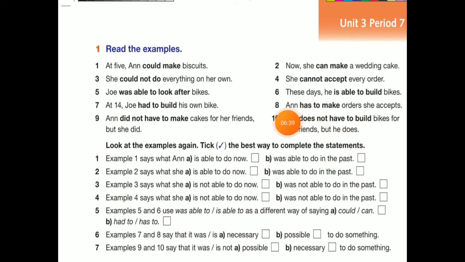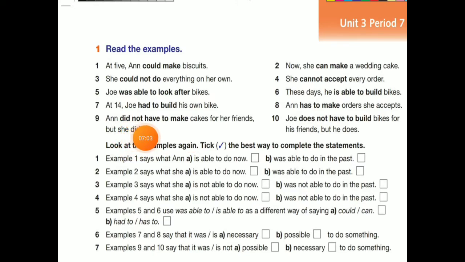Here we are talking about the present, and it's necessary for Anne to make orders she accepts. من الضروري لآن أن تصنع الطلبات التي تقبلها. Number 9, Anne didn't have to make cakes for her friend, but she did. We are talking about the past.